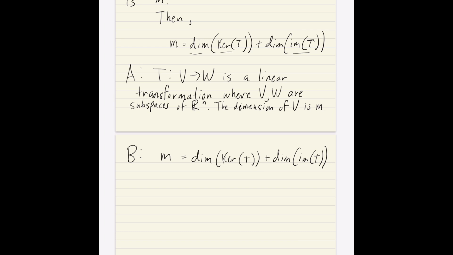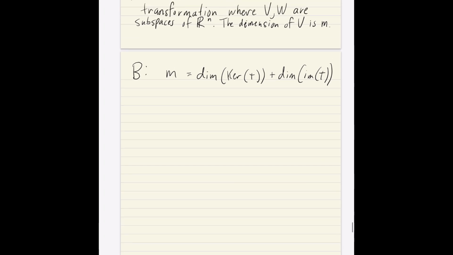So after statement A, we know that we have a linear transformation. V and W are subspaces of Rn, and we also know that the dimension of V is M. Our first step, A1, is going to have us use the definition of a subspace, and there's a proposition in the book.